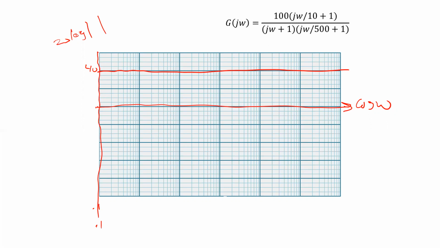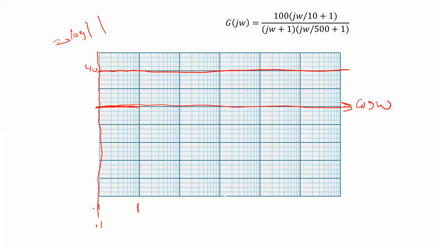Now, what's the first corner frequency? For the zero, we have 10, but for the pole, we have 1. So it's going to be 0 until 1, and this is the 1.